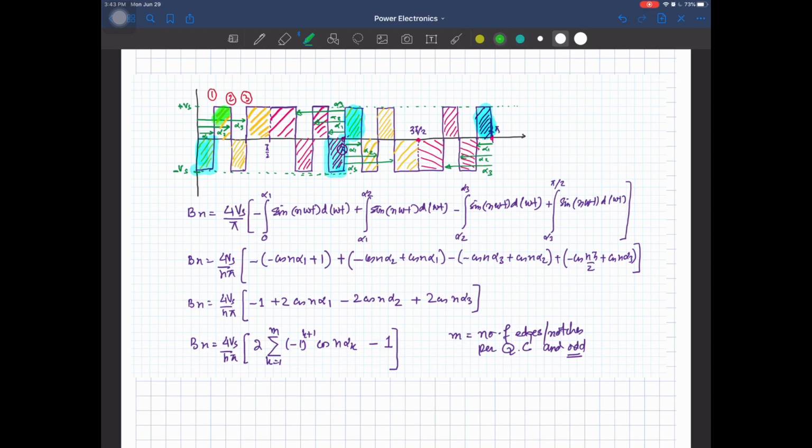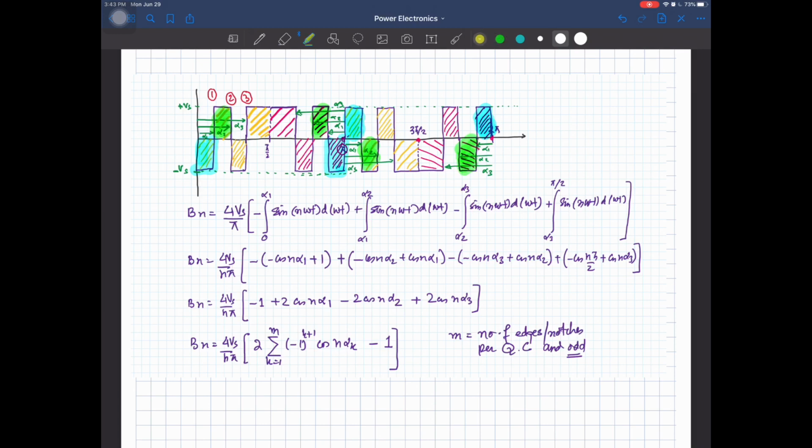And if we look at the second pulse, this will have the angle alpha 2, the same angle will be there in the second quarter, and in the third quarter it will have the angle alpha 2, and in the fourth quarter it will have the angle alpha 2.